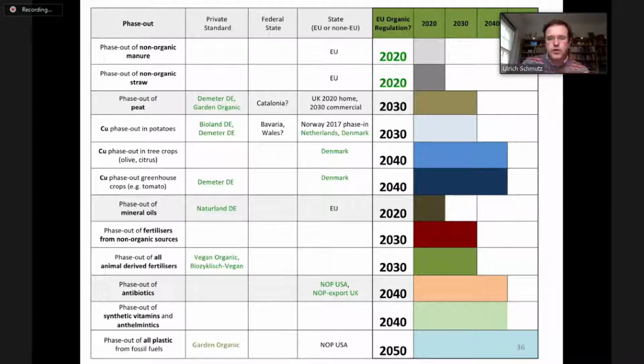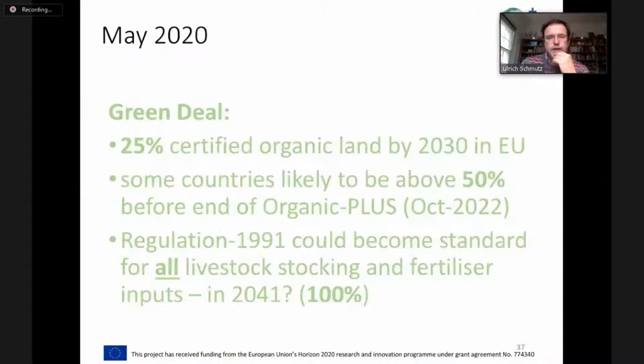I don't want to go into the other ones because they are more livestock related. And I just want to say where we are. In the European Union, we have this Green Deal. It is now an official policy target to have 25% certified organic land by 2030. And some countries in Europe are likely to be above 50%. Smaller mountainous countries, Switzerland, Liechtenstein, which is a very small country, a bit like Sikkim in India.